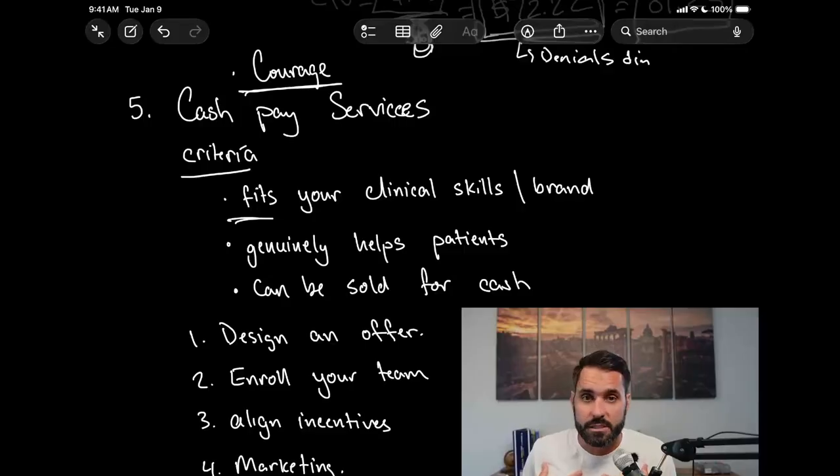A lot of practices that I know are doing things like shockwave therapy. They're doing laser. They're doing wellness zones where they have pneumatic compression devices, and stimulation units that do all kinds of crazy things, right? But you could even do personal training, or fitness consulting. You can do supplements.